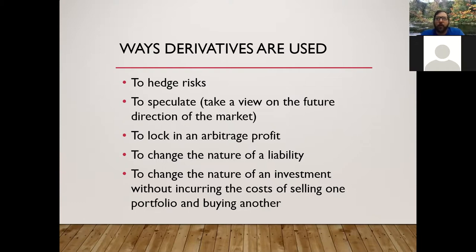So you could give me the fixed, which is what I wanted anyway, and I'll give you variable. And so we'll work through an example, or actually we're going to work through a whole lot of those, the swaps. But the way we do that is really just to change that liability where it's going to be fixed or variable, depending on what we need.